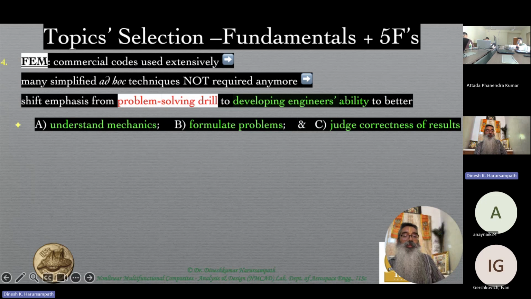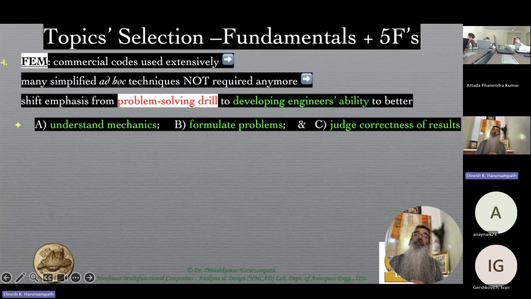Which is why there's a shift in emphasis, even in this course, from a problem solving drill. When I went through the same course, or when Fanindra went through the same course, you would have had to do a dozen problems pretty much every class and after class for the assignments, etc. Yes, that was interesting, challenging for the intellect.